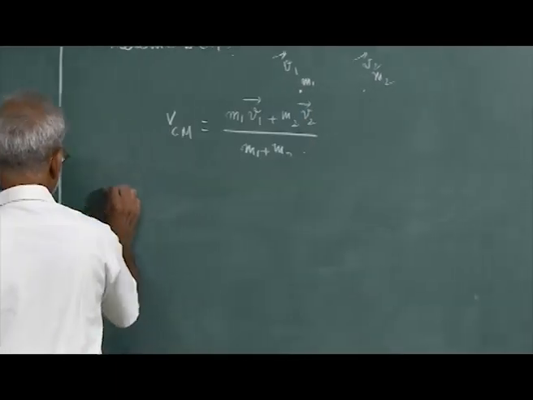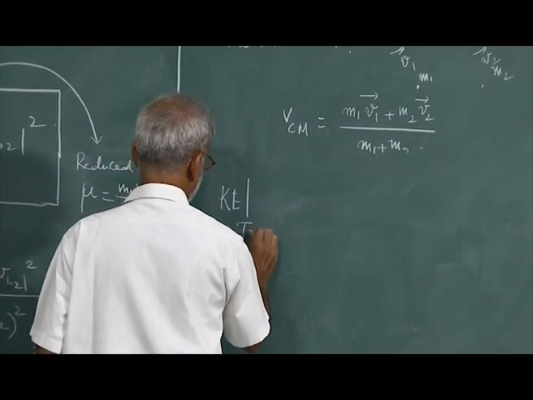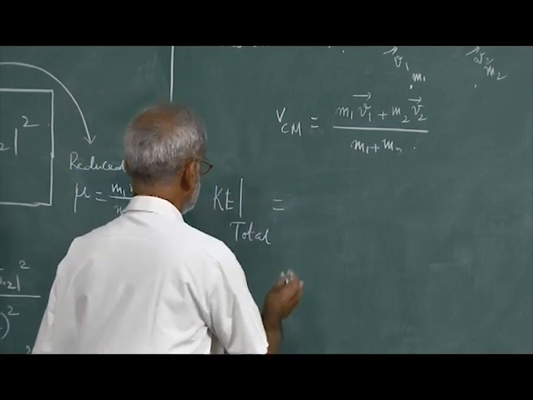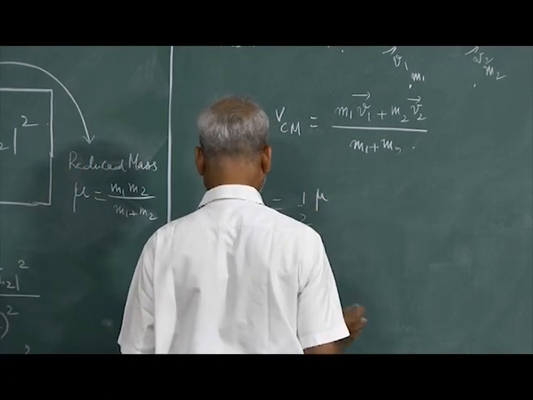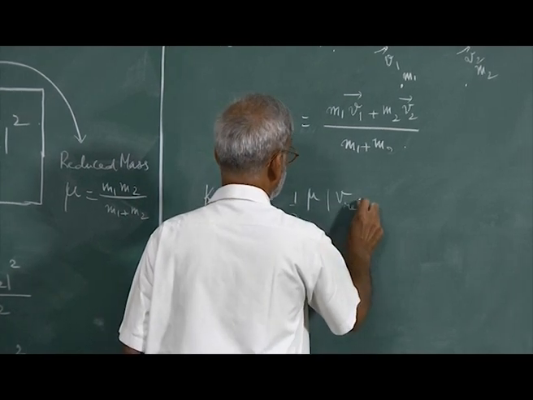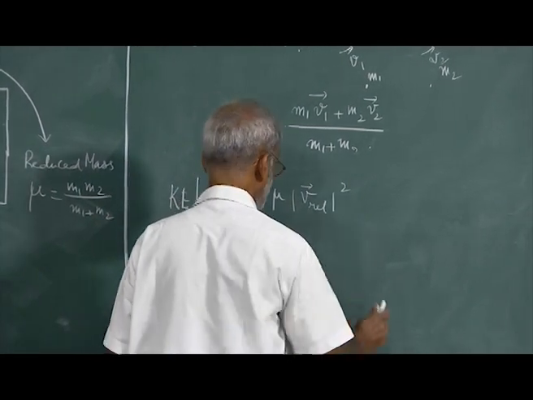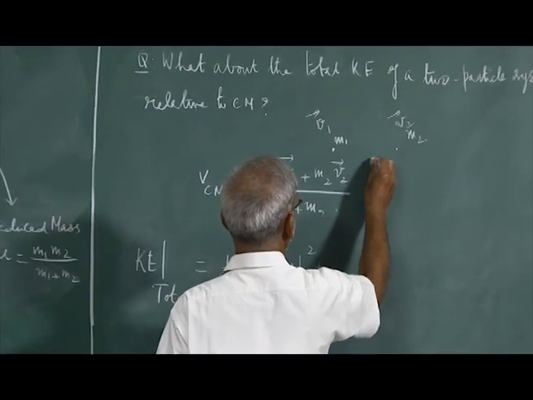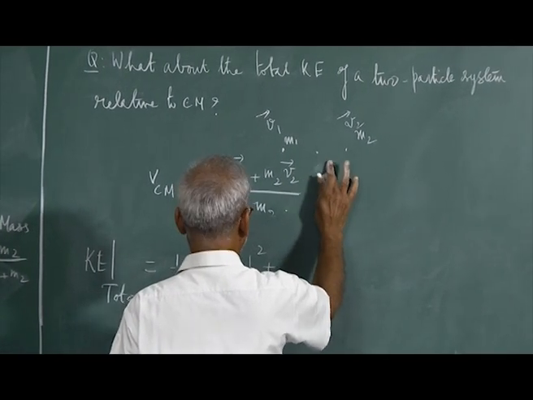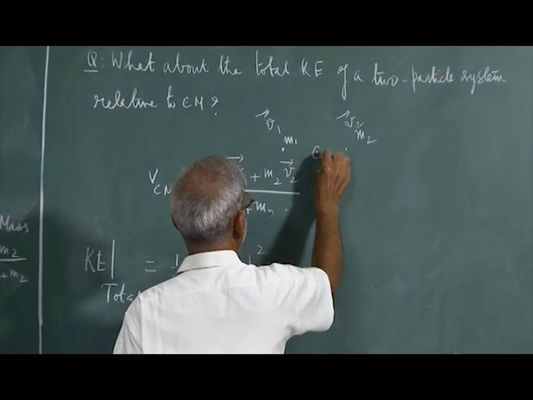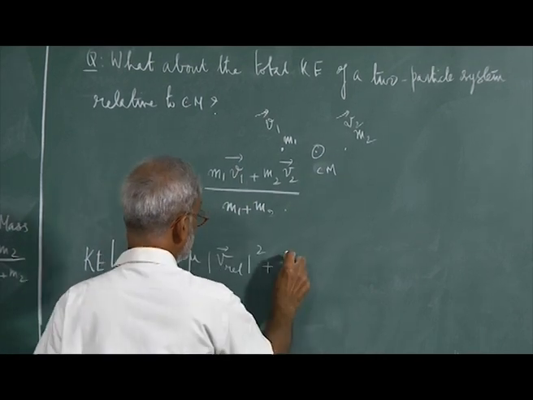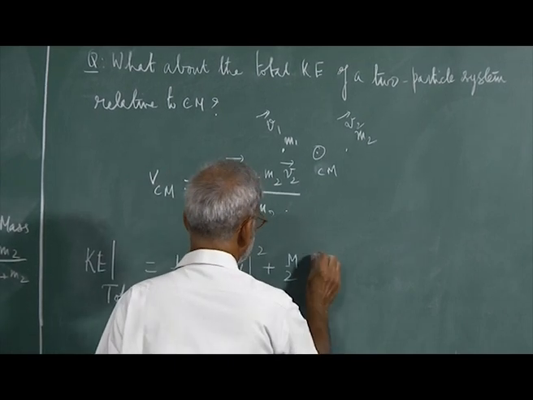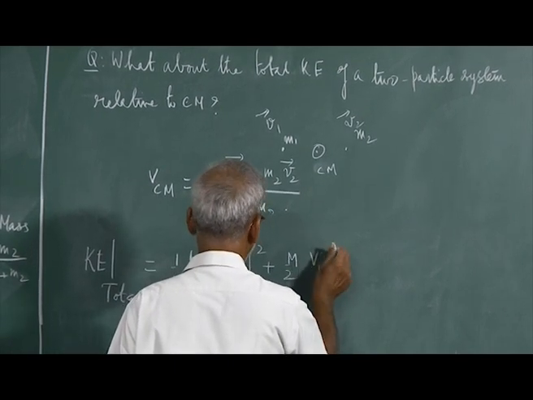Therefore, the total kinetic energy of the system is equal to half of mu times V relative whole squared plus, we cannot afford to forget the center of mass that is somewhere sitting. What is the mass of the center of mass? Capital M, m1 plus m2, then its velocity, V cm, which I have to square.